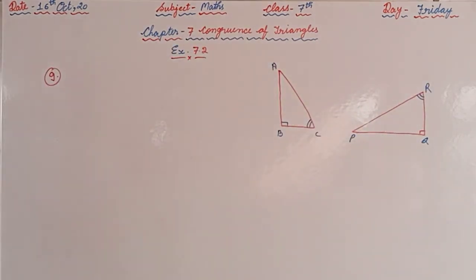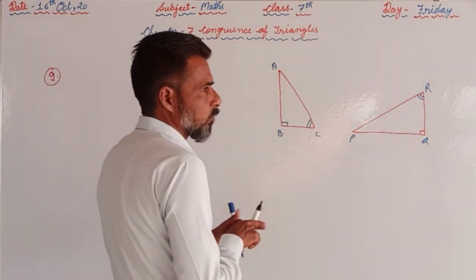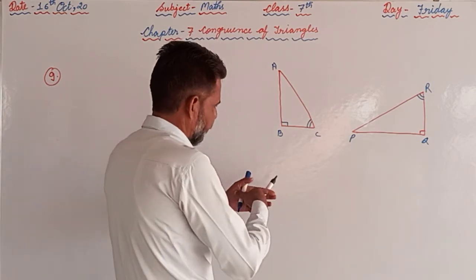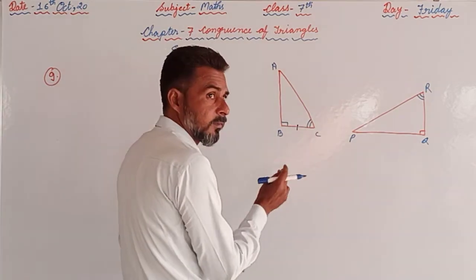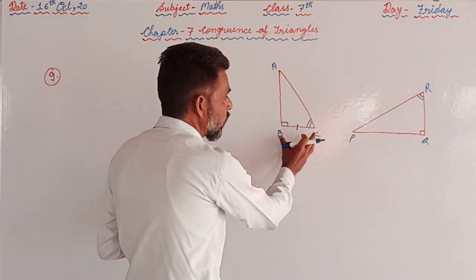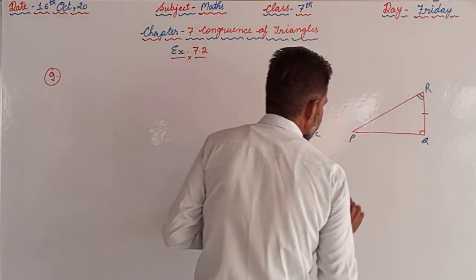So now we are supposed to prove these two triangles congruent. Which part are we supposed to consider? So we can take the side between these two equal angles.